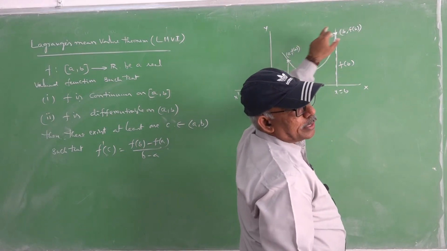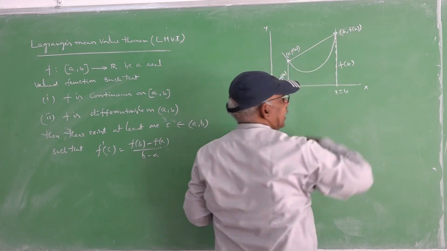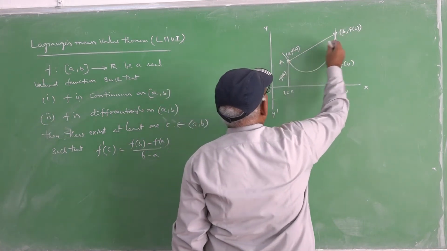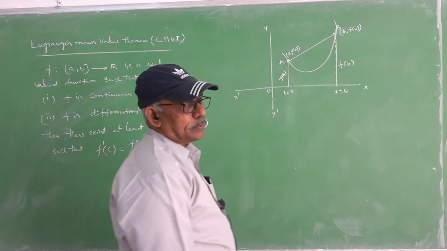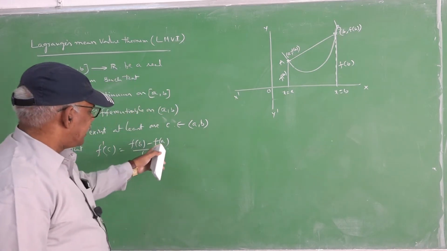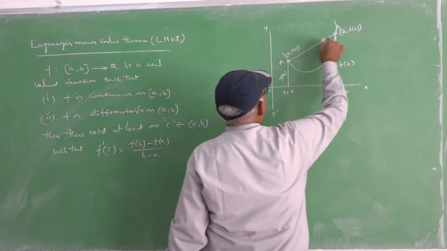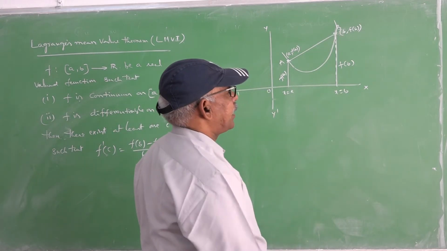Difference of y coordinates by difference of x coordinates gives us the slope of the line joining these two points. So the chord AB slope is given by (f(b) minus f(a)) by (b minus a).